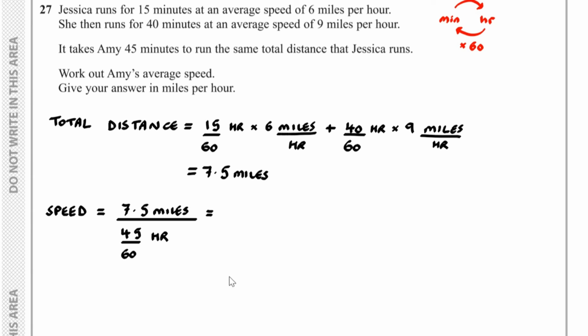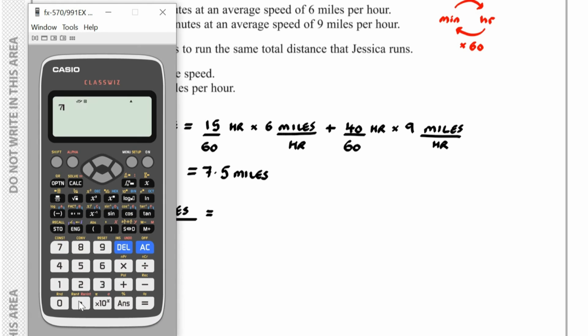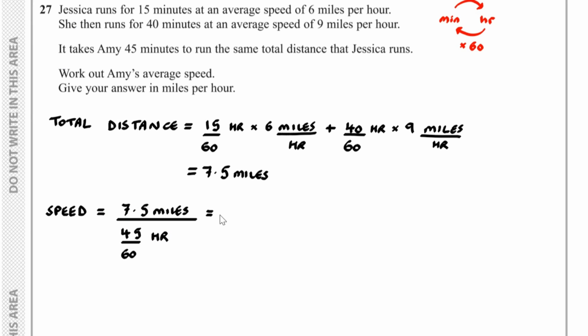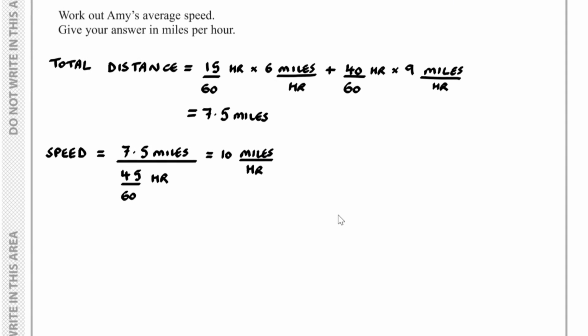And so if we work this out, 7.5 divided by, rather, 45 over 60, we get 10. So the average speed is 10 miles per hour. So we have 10 miles per hour.